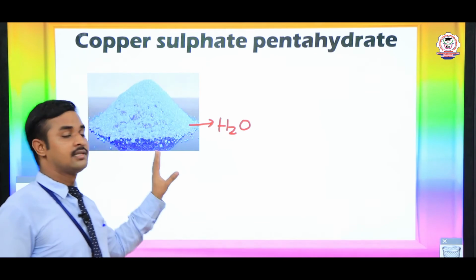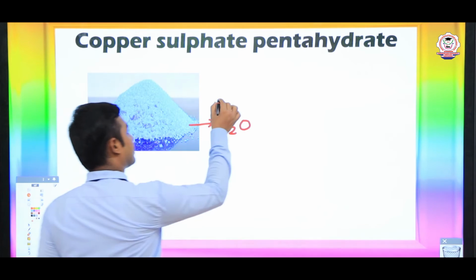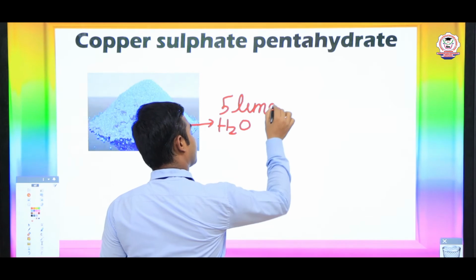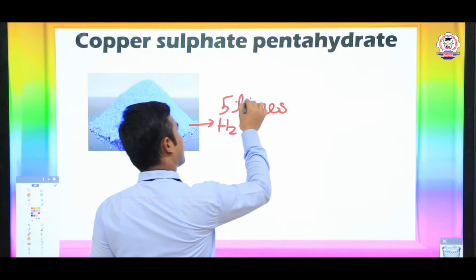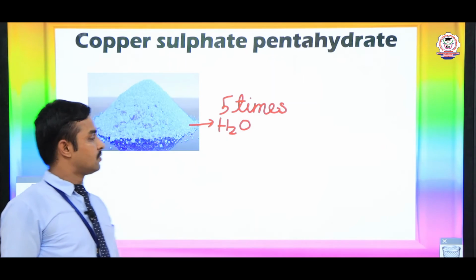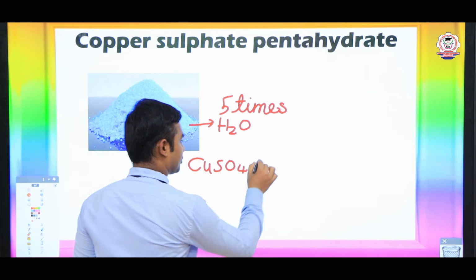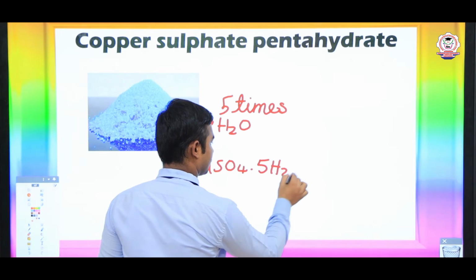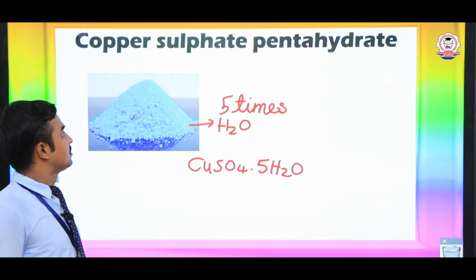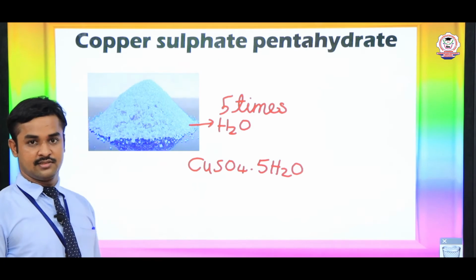So copper sulfate can lose its water molecules. Copper sulfate is a single unit, it can absorb 5 water molecules, and it forms copper sulfate pentahydrate. This is the molecular formula for copper sulfate pentahydrate.